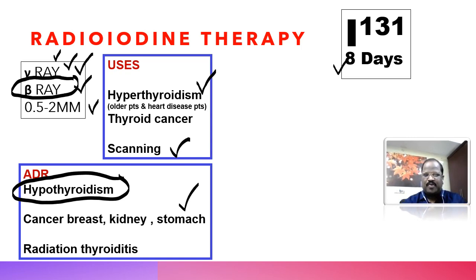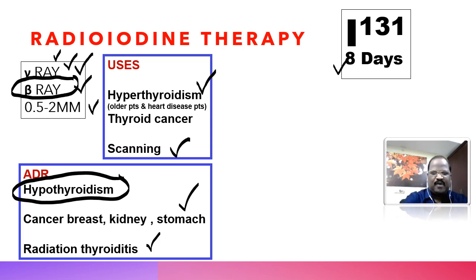And one more problem, radioactive iodine may cause thyroiditis, radiation-induced thyroiditis. Because of thyroiditis, there may be a chance of release of T3, T4 from the follicle that may cause secondary hyperthyroidism. So to prevent this complication, before giving iodine 131, it is better to start a thioamide to control the hyperthyroid problem.